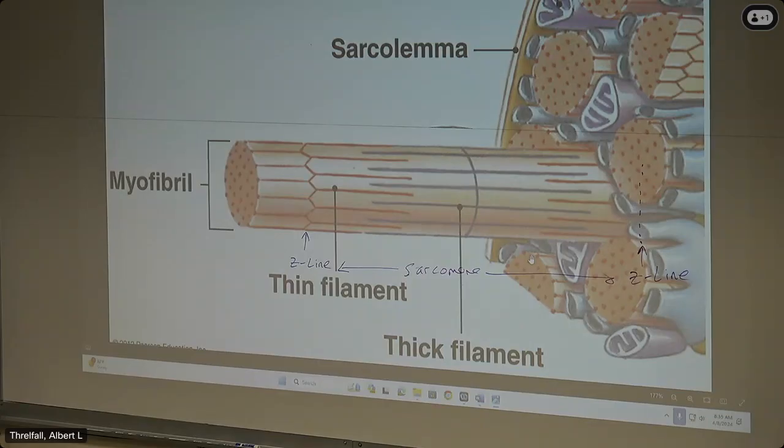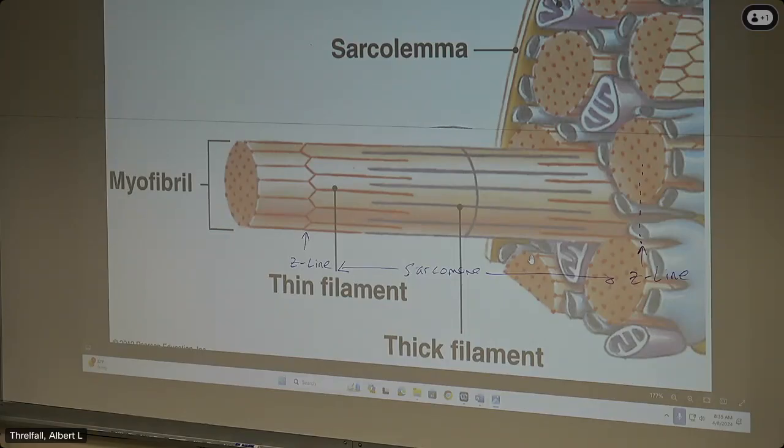The sarcomeres are the functional units of a muscle, just as the alveoli are the functional units of the lungs. The nephrons are the functional units of the kidney. The sarcomeres are the contractile units of a muscle.